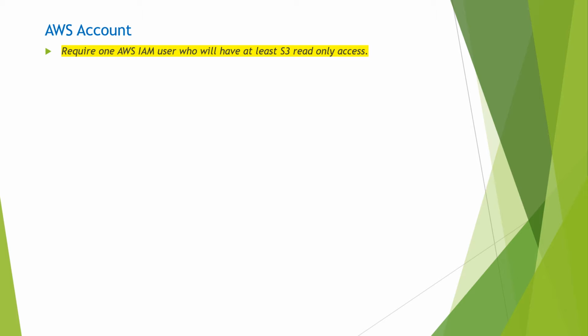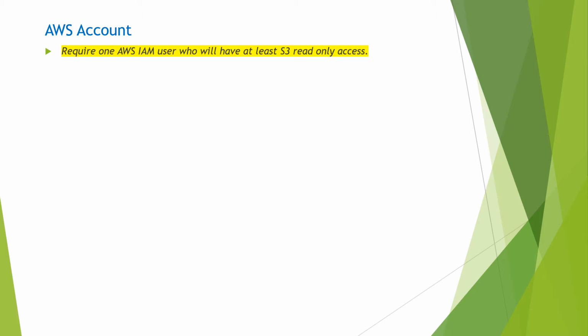After that we need an AWS account. Anyway, we are interacting with AWS, so we need one AWS account, but we will not use any root account. What we have to do is add one demo user, or any user, who will have only S3 read-only access, because we are not doing any write operation on AWS. We are only fetching the S3 contents.